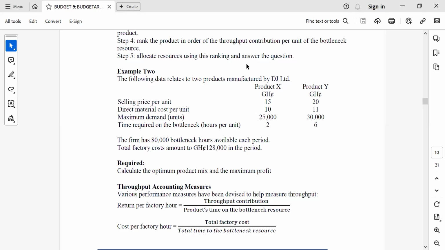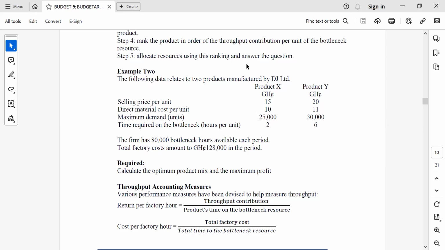The firm has 80,000 bottleneck hours available each period. Total factory costs amount to 128,000 in the period. Calculate the optimum product mix and the maximum profit.